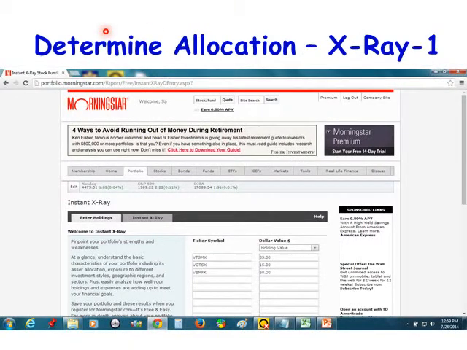So here is my allocation. We're trying to X-ray here, and when you say Instant X-ray, this screen shows up, and I entered the three funds in here. It's a total stock market fund, 35%, total international stock fund, 15%, and total bond fund, 50%.